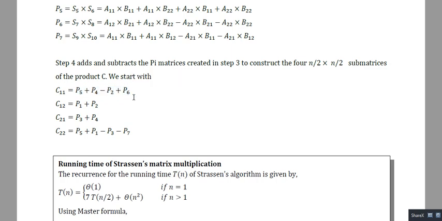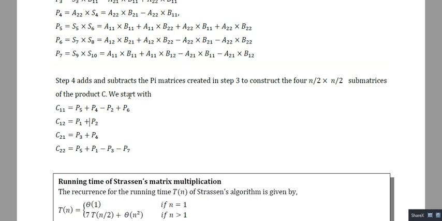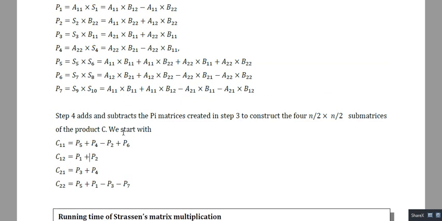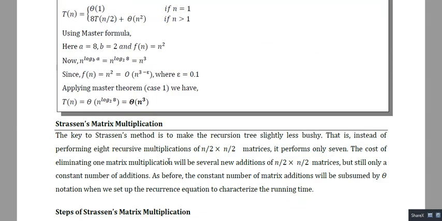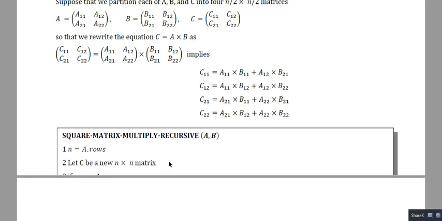So it is your assignment, you do one thing, you just substitute the values of P5, P4, P2, P6 and just try to solve, and finally you will get the earlier result. C11 value was what? This. So after simplification the answer will be this one. If it is not this, then we have done something wrong.